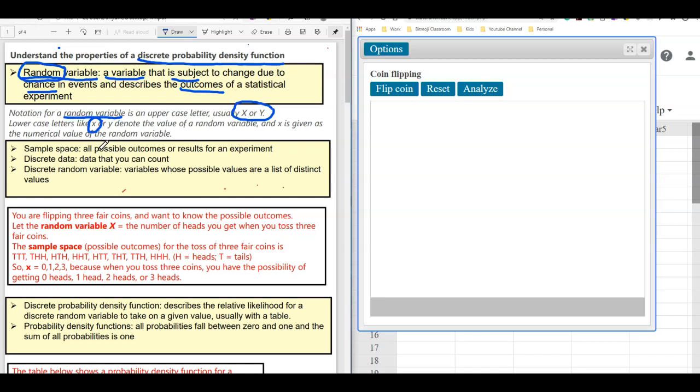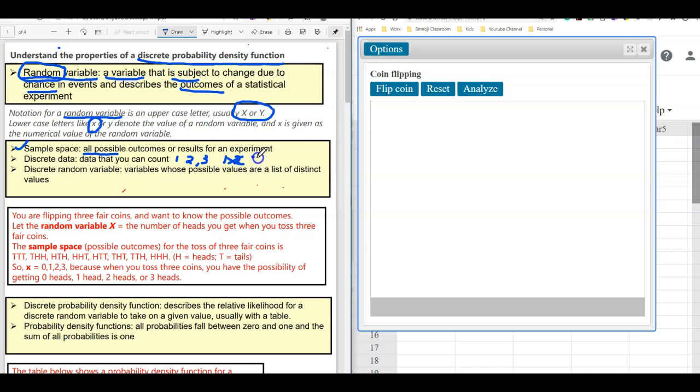Before we jump into the experiment, let's recap what a sample space is. Sample space is all possible outcomes of an experiment, right? Discrete data is data that you can count, like how many books do you have in your bag? How many siblings do you have? You will give me the answer in 1, 2, 3, but you will not give me the answer 1.2.